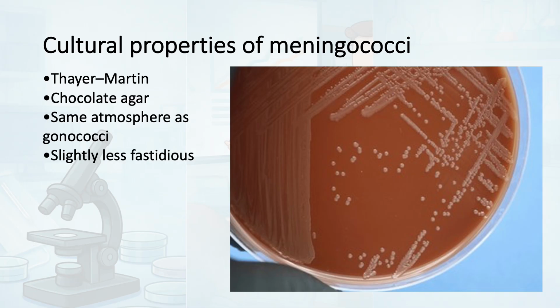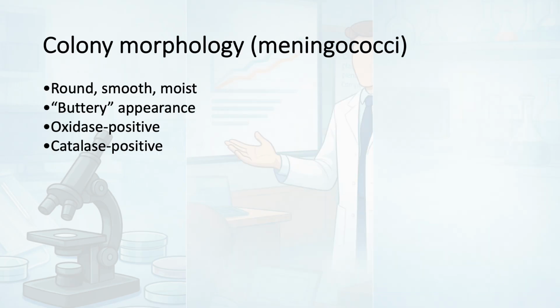Comparing to gonococcus, what's the difference between them? Meningococcus also has capsule. Capsule does not protect against environmental factors. Both gonococcus and meningococcus are really susceptible to the environmental factors. Moreover, even if meningococcus has capsule, it is even more susceptible to the environmental factors, and it is, in most cases, almost impossible to cultivate meningococcus in the lab.